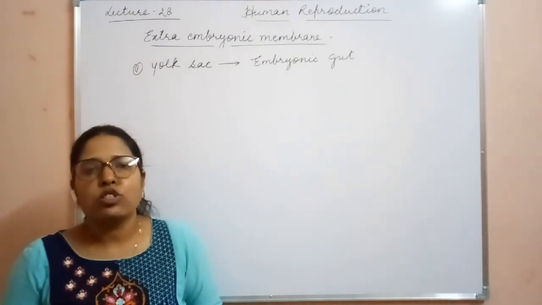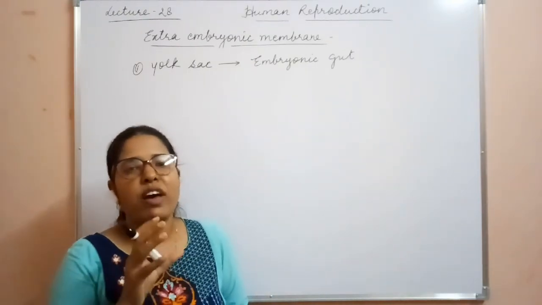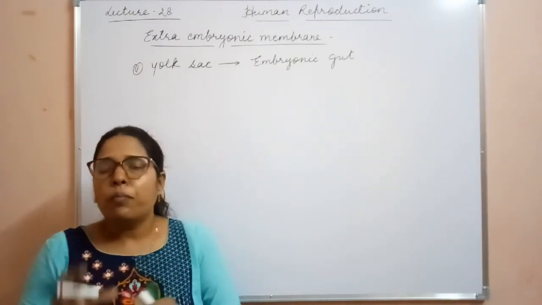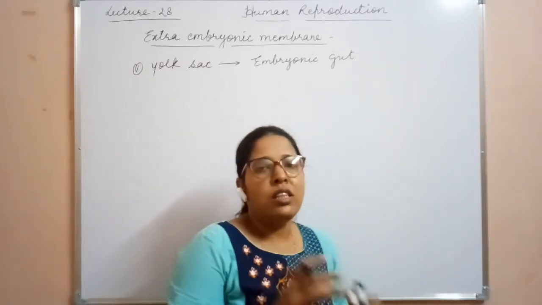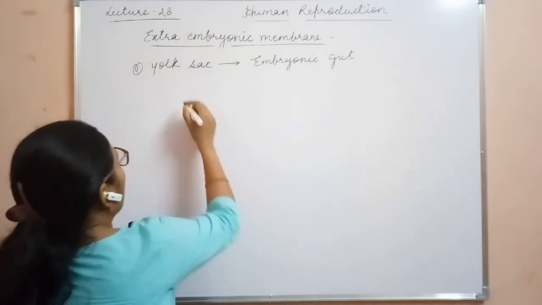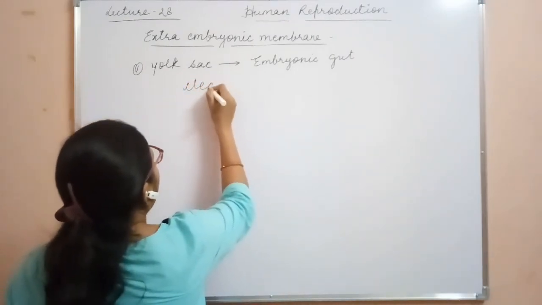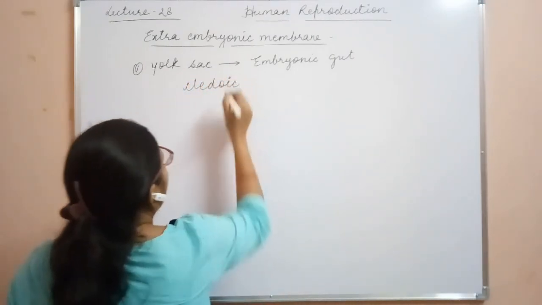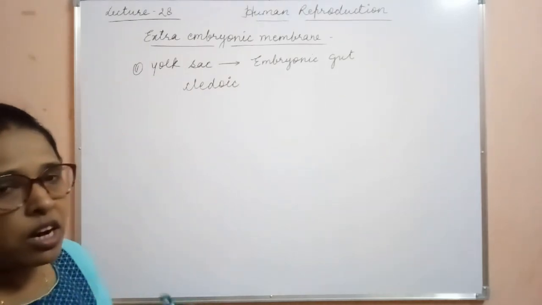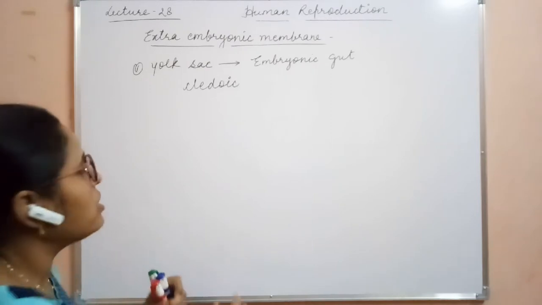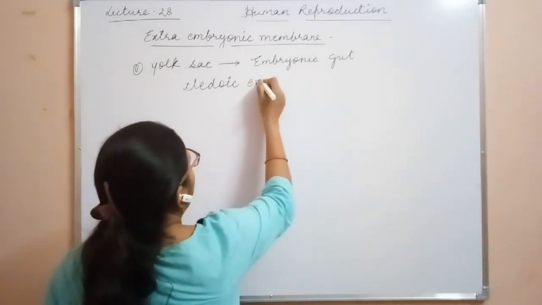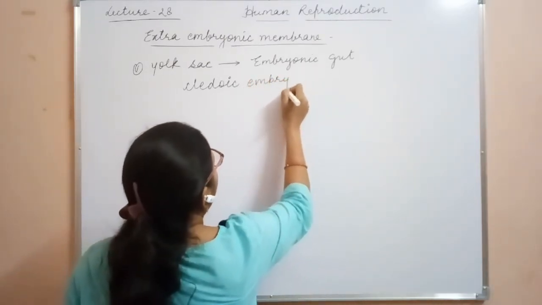That's why in human beings the yolk sac is very poorly developed. But in case of reptiles and birds, the embryos in which the yolk sac is present in sufficient amount are called cleidoic embryos.